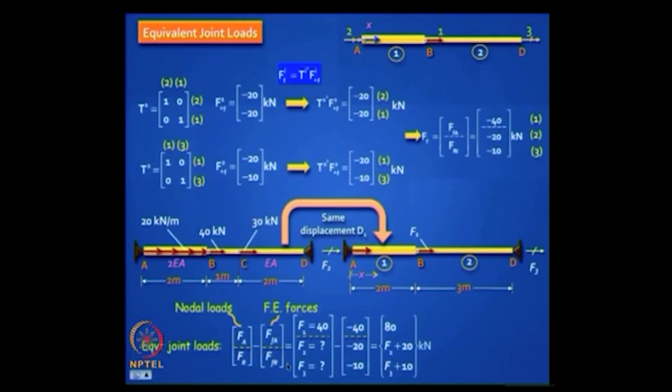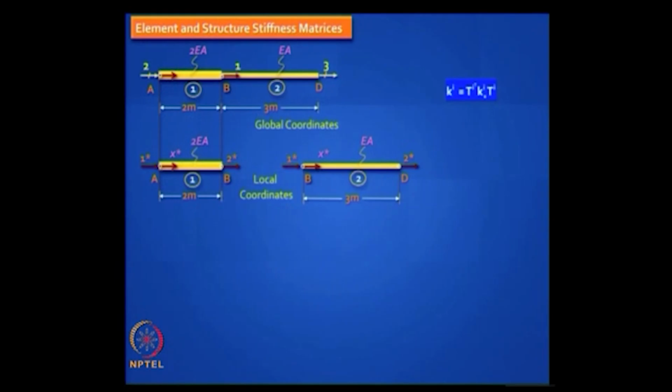But you have some reactions here due to that 40 that we do not know, and then you have from this 40 here, so you put that 40 there with a minus sign, and you also have some reactions minus 20, minus 10, you put that there and you will get this as your final answer. This is one way of doing it, but you can do it using your own logic, you will get the answer. So let us complete this. Now you have to generate the element and structure stiffness matrices, that is easy, you know the formula.